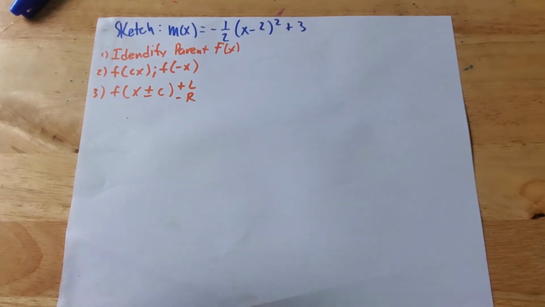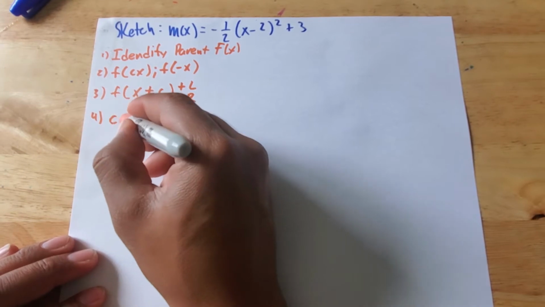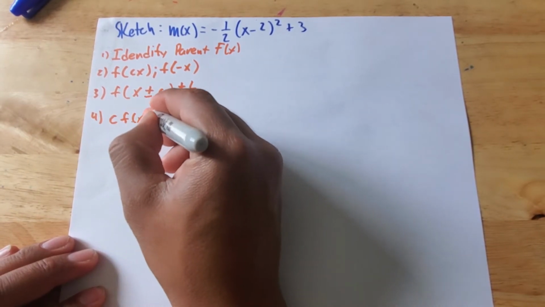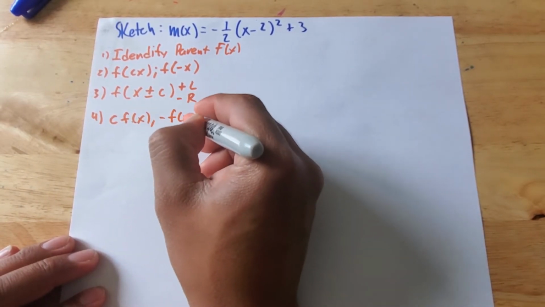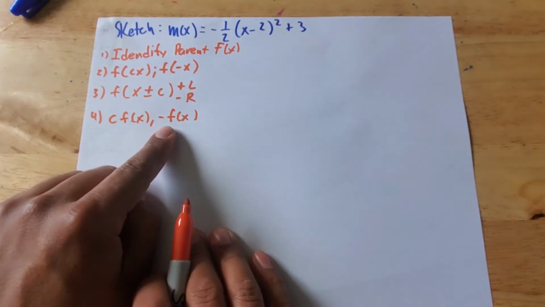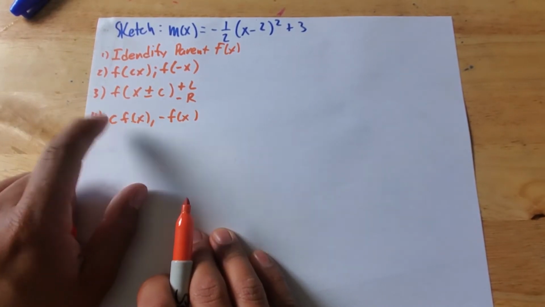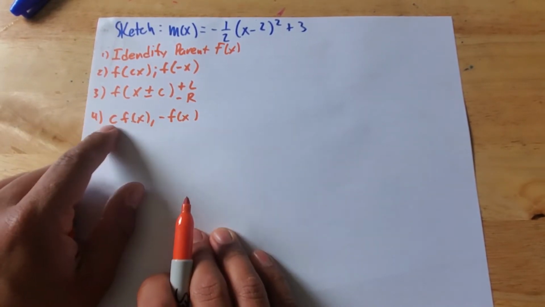And then this is the inside, and then we move over to outside. And outside, if something is multiplying outside of the function, either a negative or a number, this is a reflection on the y-axis, this is a reflection on the x-axis. Here, everything behaves the way it's supposed to outside.